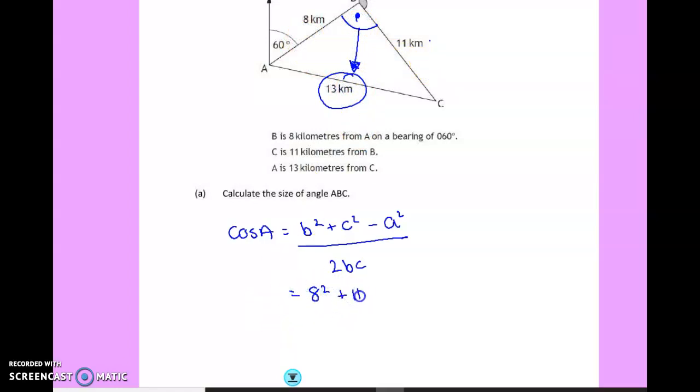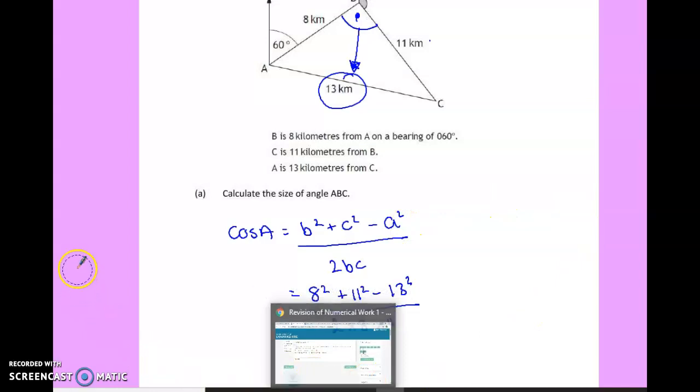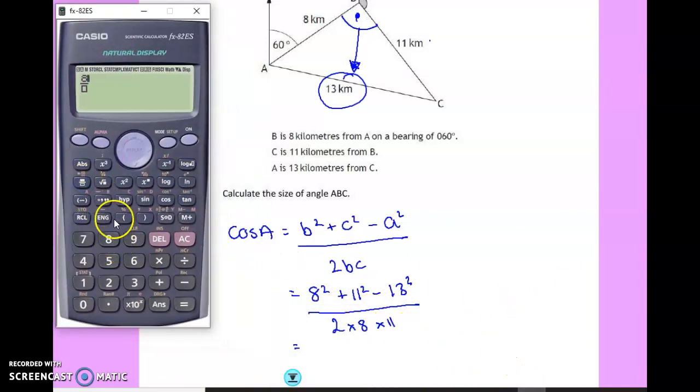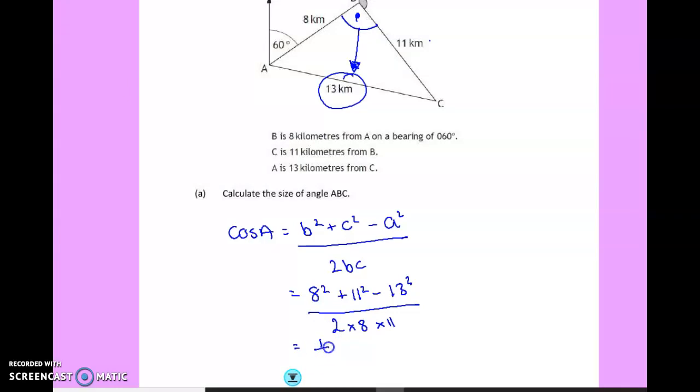So 8 squared plus 11 squared minus 13 squared divided by 2 times 8 times 11, which is, picking up my own calculator here, let's get the one on here instead. 8 squared plus 11 squared minus 13 squared all over 2 times 8 times 11 is 1 over 11.